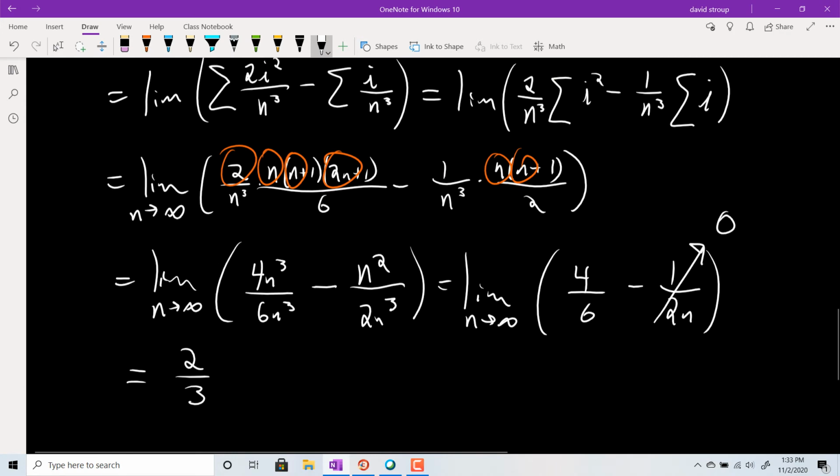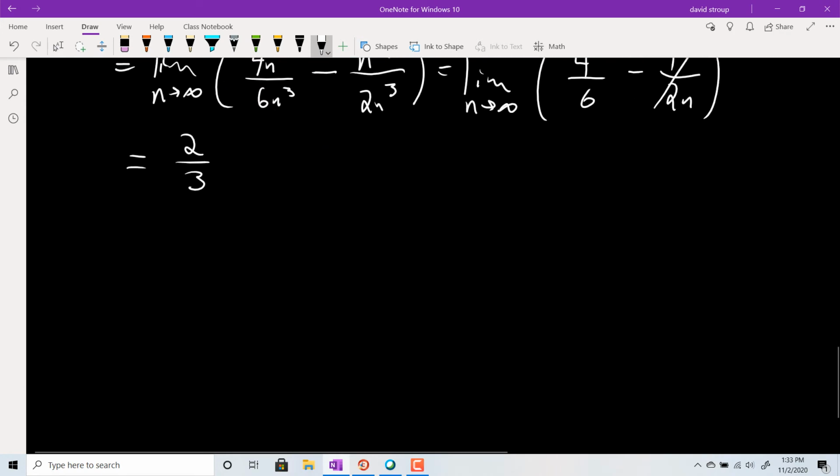Okay. So anyways, now that we have this Riemann sum definition, we can define what is called the definite integral. Section 2, the definite integral.